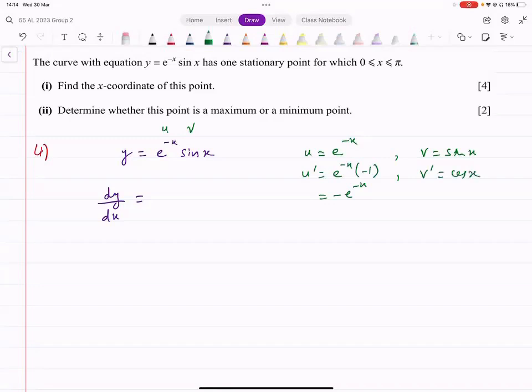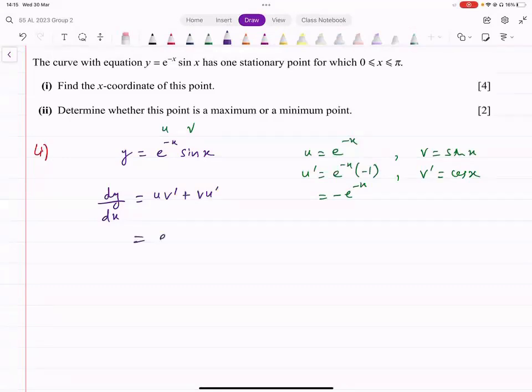Is that clear? The derivative of e raised to the power minus x is e raised to the power minus x as it is, and then we multiply by the derivative of minus x, which is minus 1. The derivative of sin is cos, and now we just apply the product rule, uv dash plus vu dash.